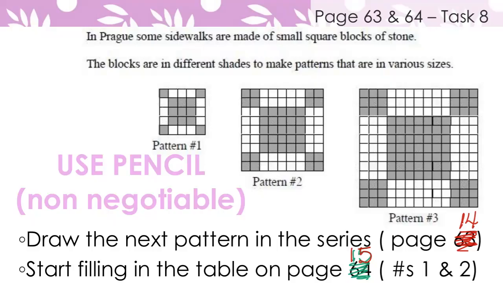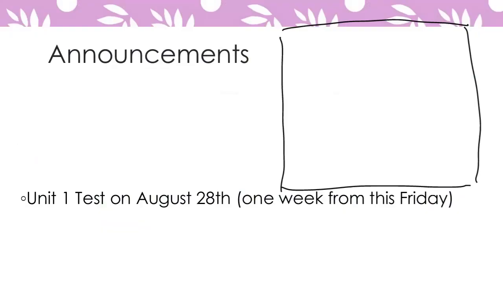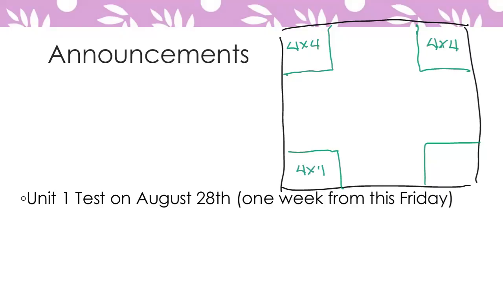Okay, so let's see. If I do that, I go like this. Now, I don't have my lines here. Like I said, I really need to include this. So this is a 4x4, and this is a 4x4. This is a 4x4. This is a 4x4.